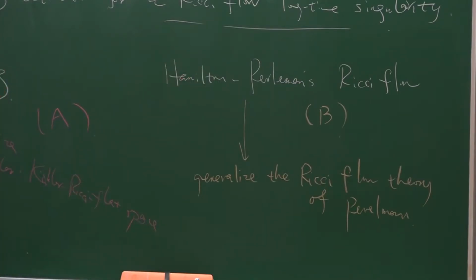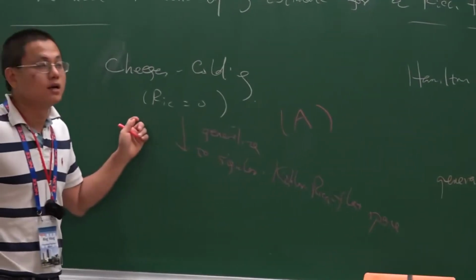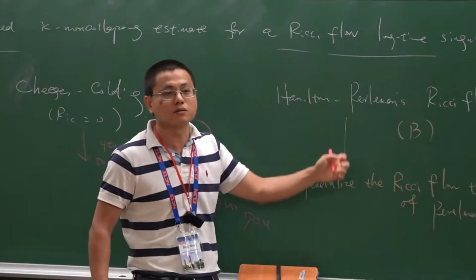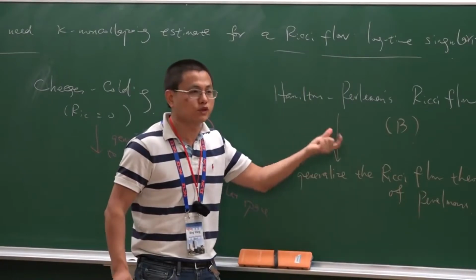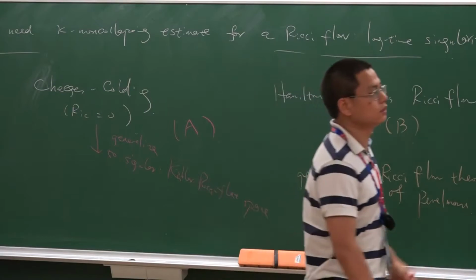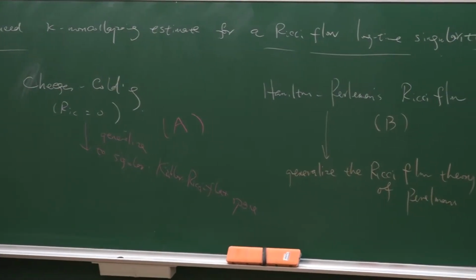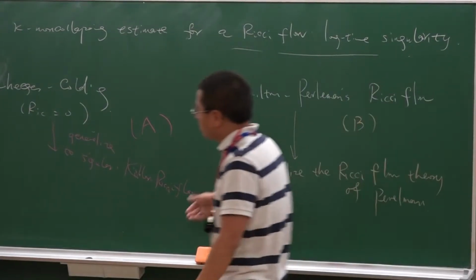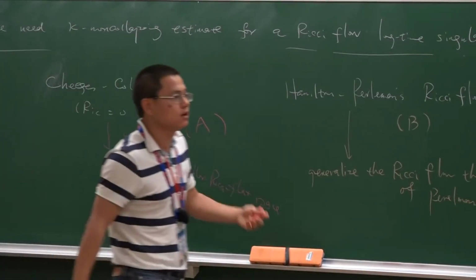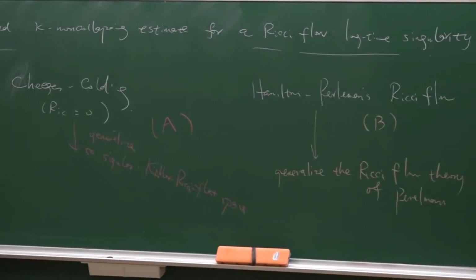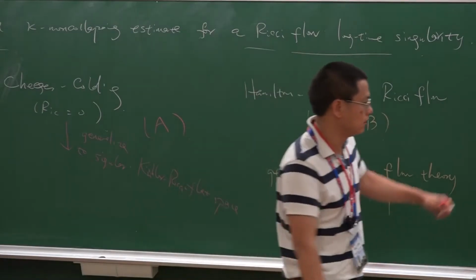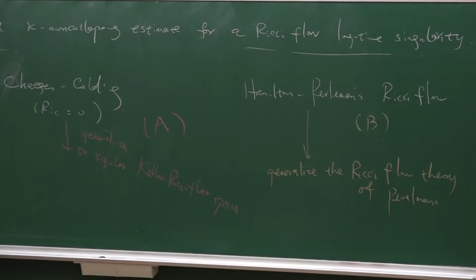So that's why he has kappa non-collapsing here. But this is a long time singularity. So the kappa non-collapsing does not work directly. So we have to figure out a way to show this non-collapsing directly from the entropy. Okay, so now let's go over the basic reason why the kappa non-collapsing holds for the type A Ricci flow, and cannot be obtained directly by Perelman's method.